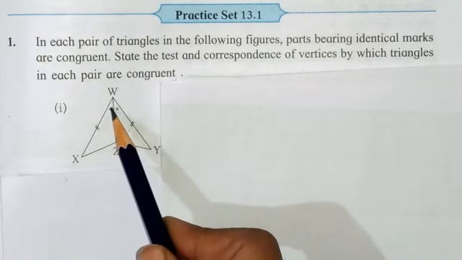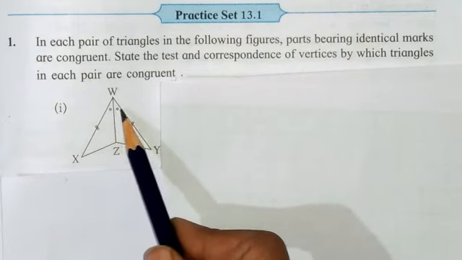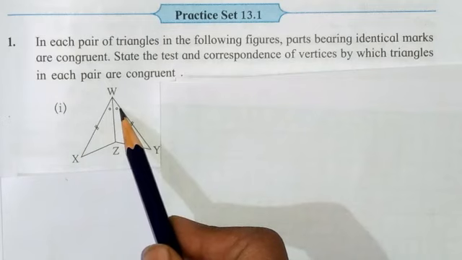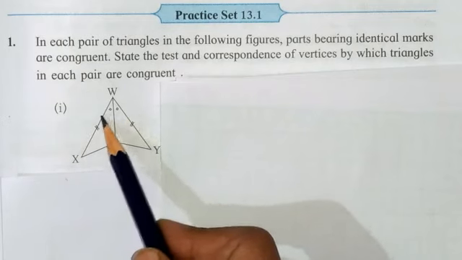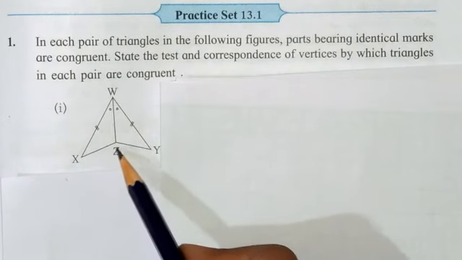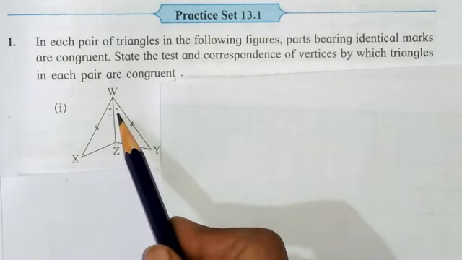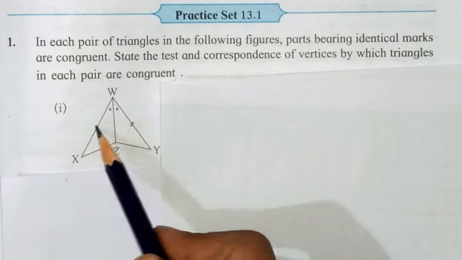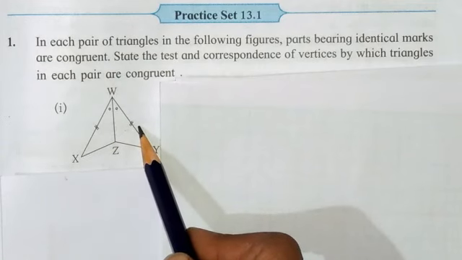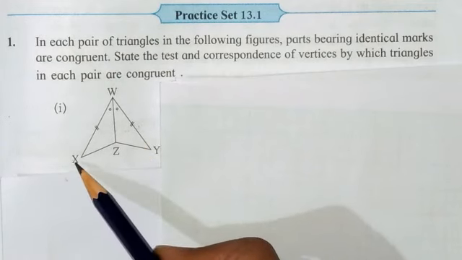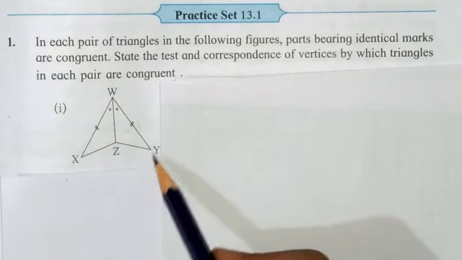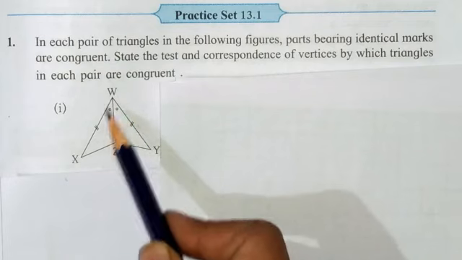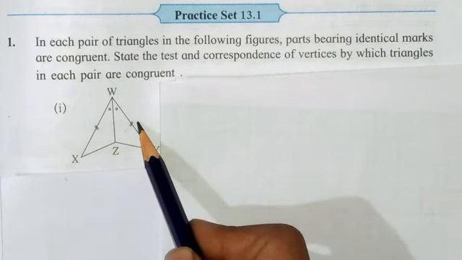In the same way, this angle W has two identical marks in both triangles. It means that the measurement of XWZ and ZWY is equal. So we have side, angle, and then these two lines have the same identical mark. It means the segment XW and, from the other triangle, the side YW have the same measurement.